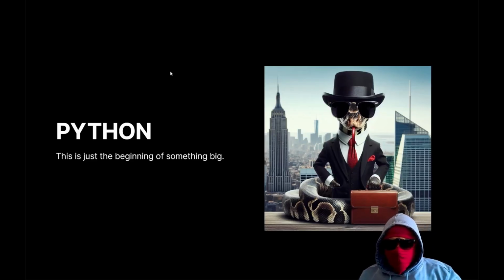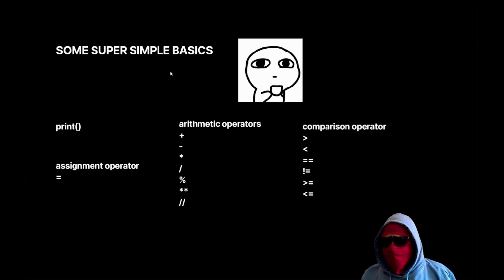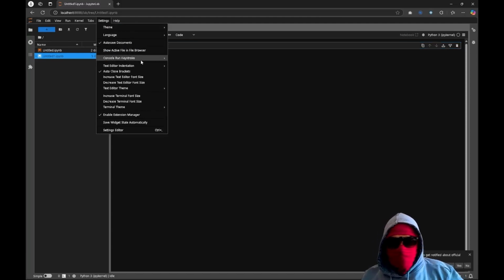So let's get started with the simple basics of Python. And these are some definitions of Python. You can read through them, and we'll get started with the super simple basics. First comes the print statement. Before you start, if you want to close brackets automatically, make sure this option is selected right here.